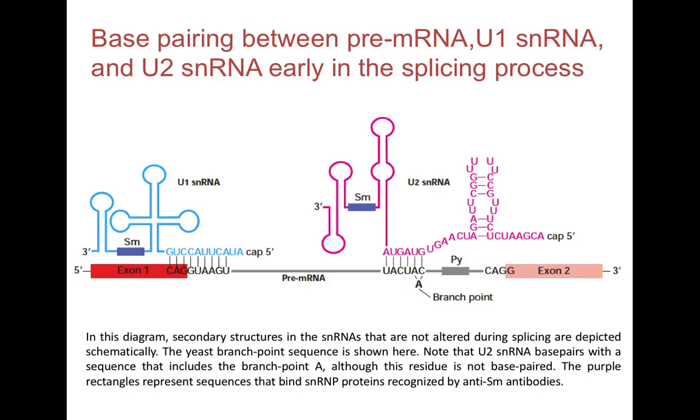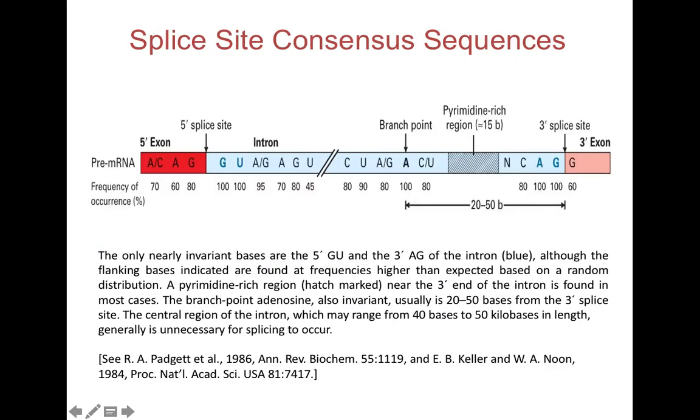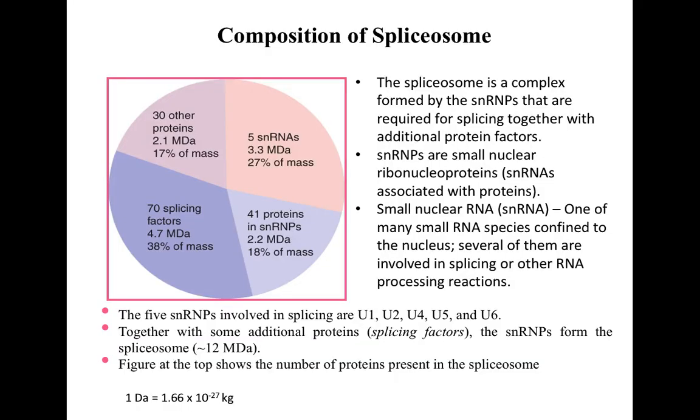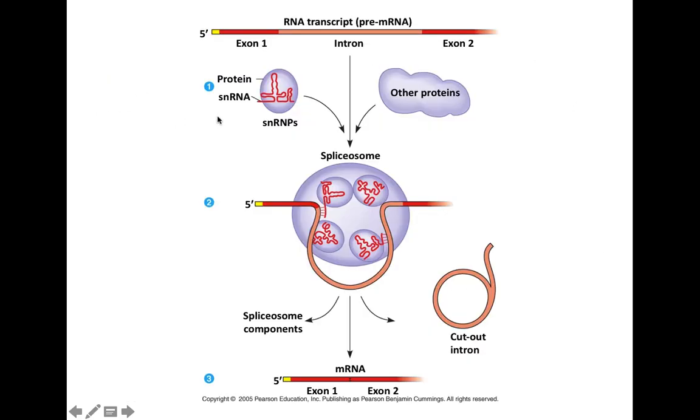We have previously discussed that there are certain factors, U1, U2, U4, 5, and 6. If I can go back to the previous slides. So we have these 5 snRNPs which are involved in splicing, U1, U2, U4, 5, and 6. And we have also discussed that these snRNPs are composed of two things, a protein and an snRNA molecule.